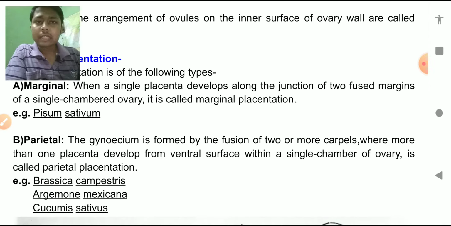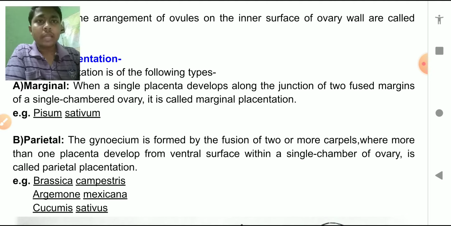That's the reason the first type is called marginal placentation. From the name, imagine that marginal means the placentation is somehow connected with the margin.